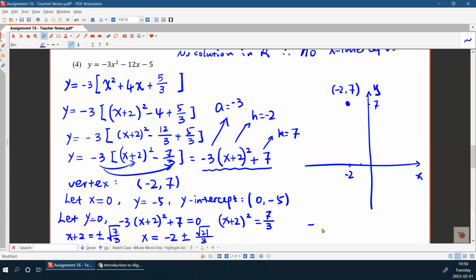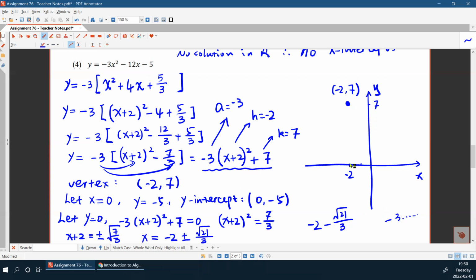So first of all, consider negative 2 minus square root of 21/3. The square root of 21 is less than square root of 25, but greater than square root of 16, right? So it's around negative 3 point something something, right?